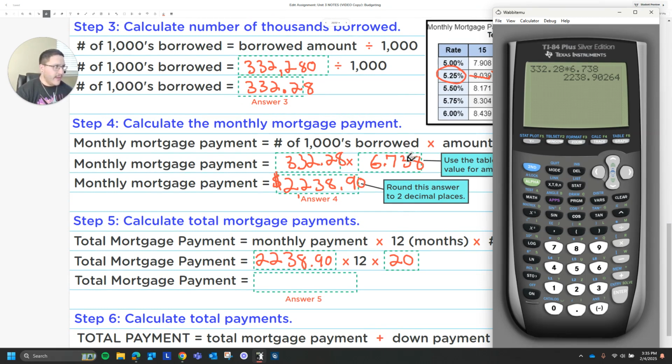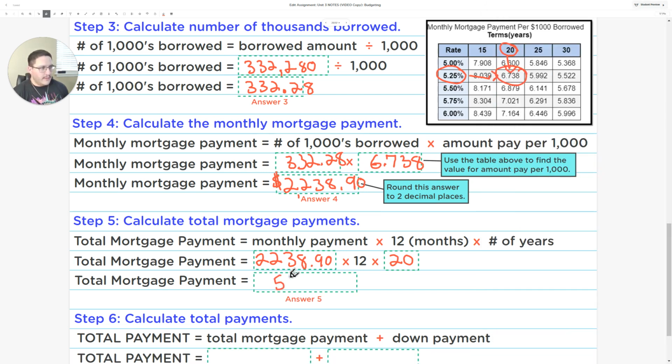So multiply all that together, 2238.90 times 12 times 20, which is 537,336. This is the total mortgage payment.